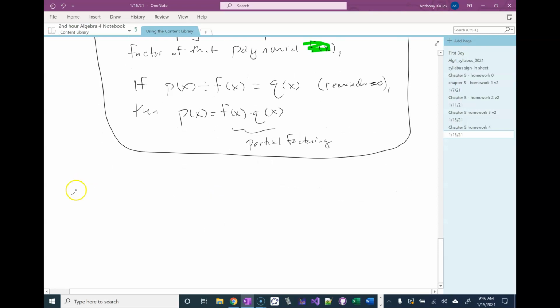So let's illustrate this with that polynomial that we have. Let's say we want to factor x cubed plus 6x squared plus 11x plus 6, given that x plus 1 is a factor.